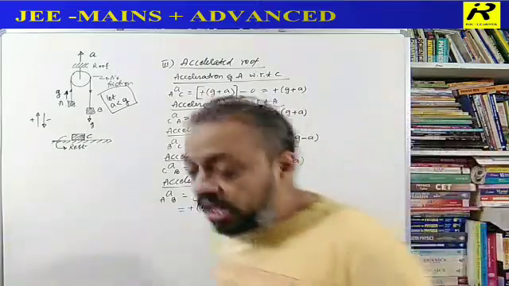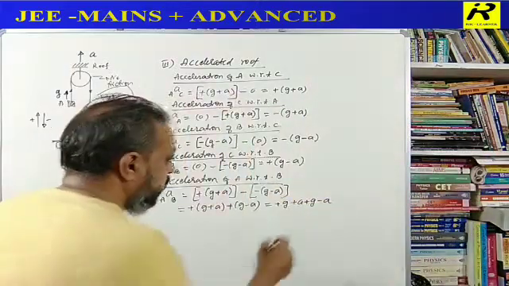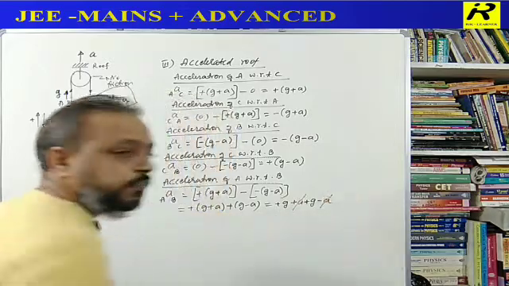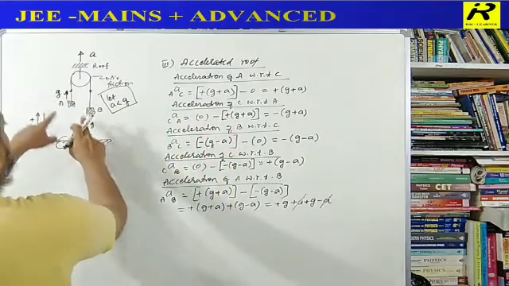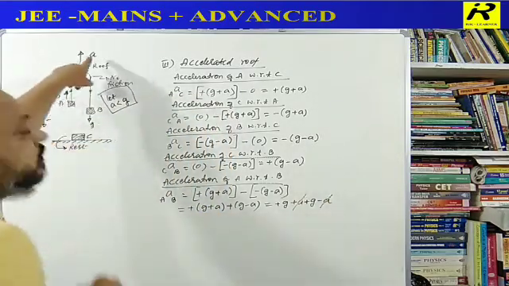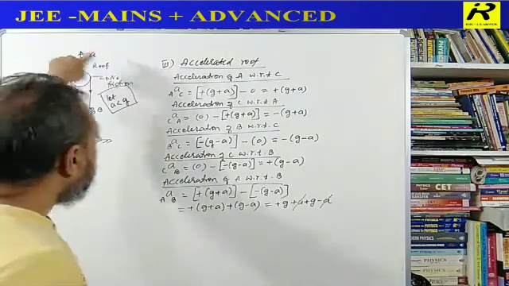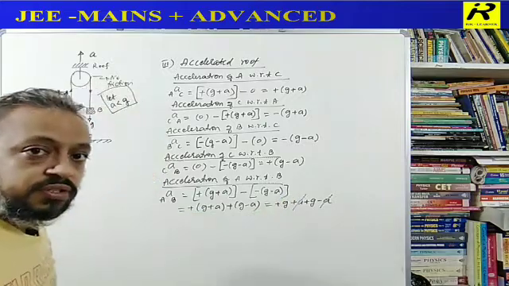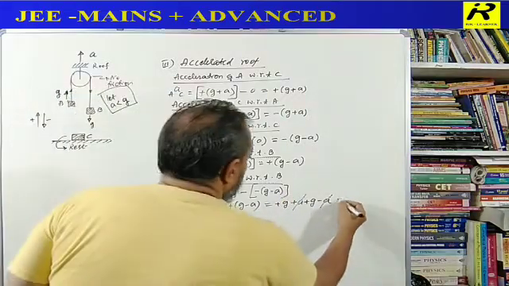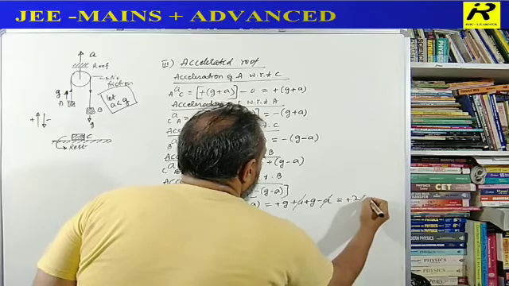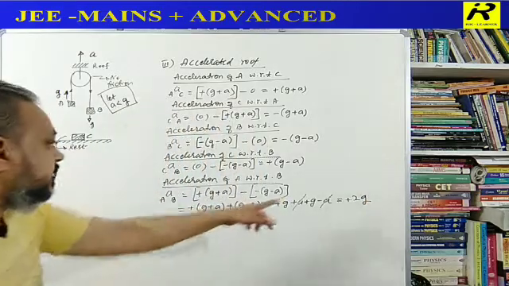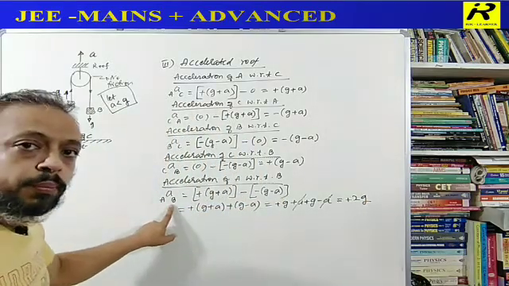It shows a very important conclusion: the term a gets cancelled. That means if two bodies simultaneously accelerate upward, you need not consider the term a in your calculation. So the final answer is plus 2g. This is the acceleration of A with respect to B.